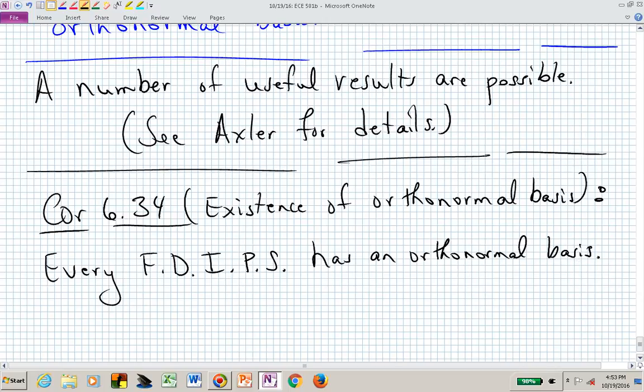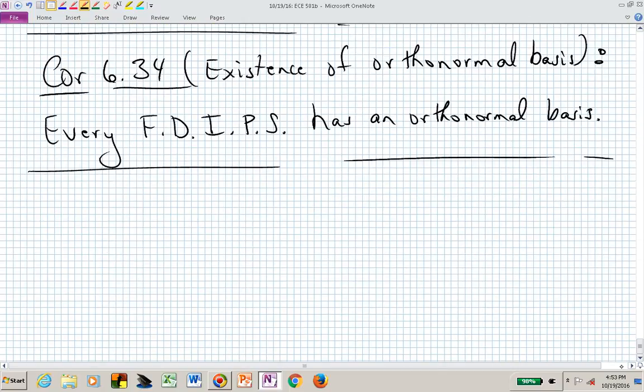If somebody gives you now a finite dimensional inner product space, you can build an orthonormal basis from it. You simply have to find n linearly independent vectors, and then you can build an orthonormal basis from that n linearly independent set of vectors.